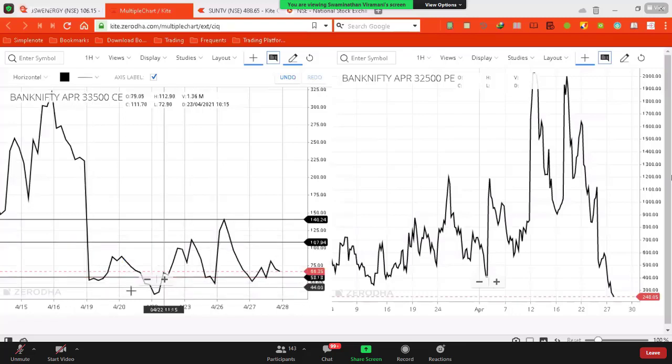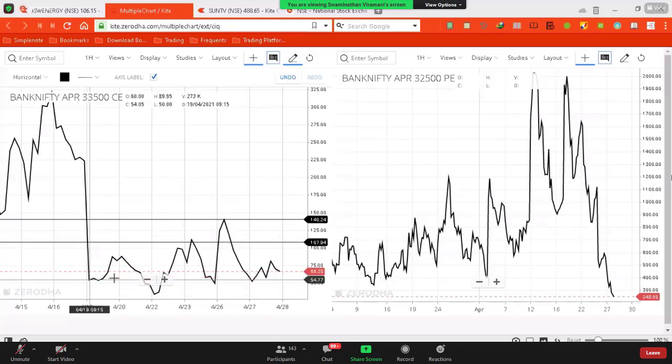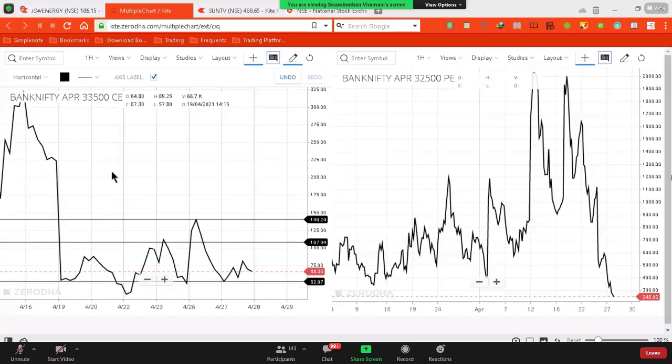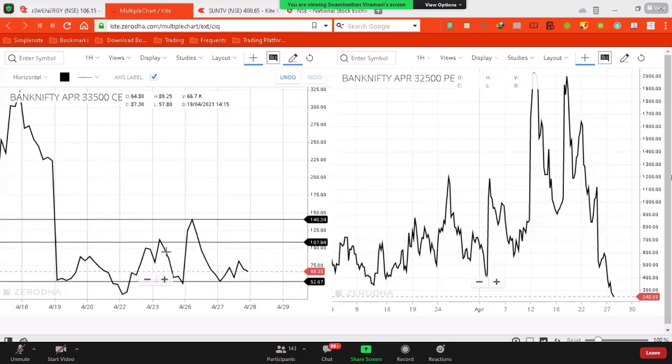And also, where a level has acted as a support or a resistance previously, or a support has turned into resistance, those levels will also be pretty good levels to watch out for. Let's take this place. This acted as a support here and a resistance here.